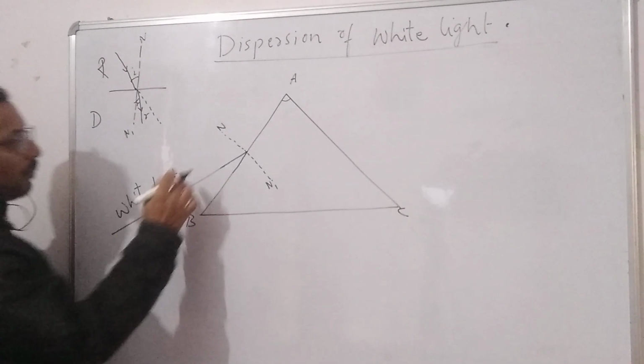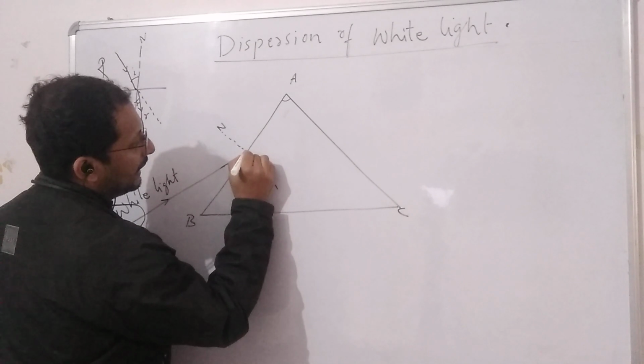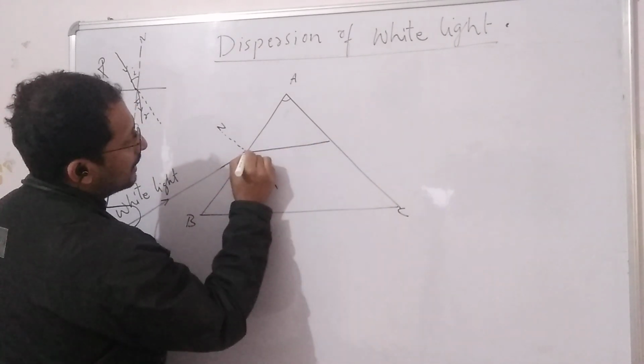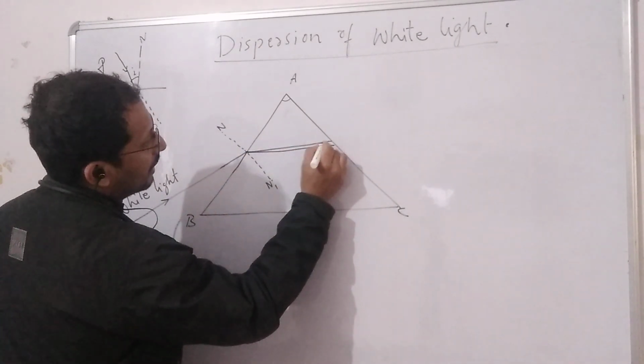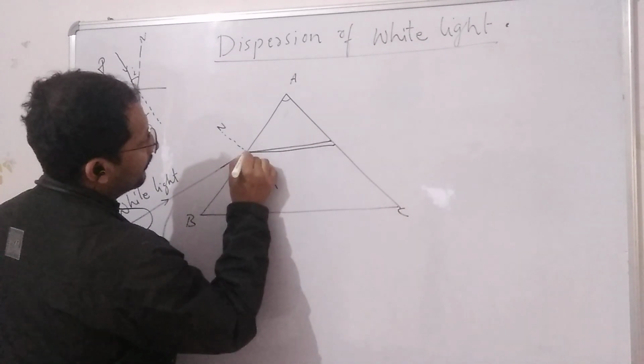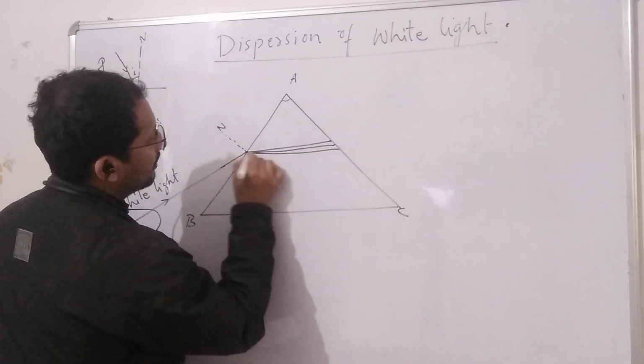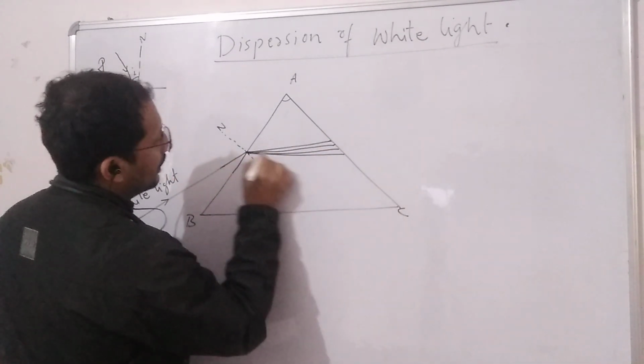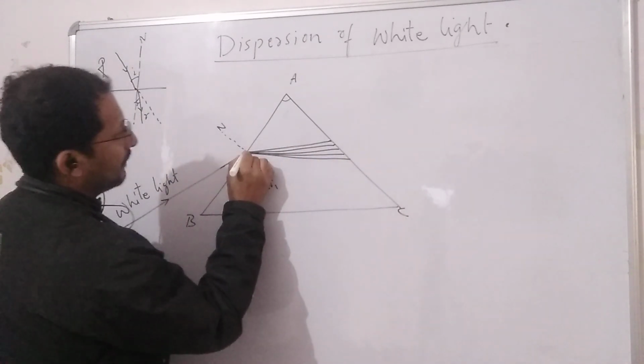Here the white light gets split into seven constituent colors of which the white light is made up of. From the same point they will come.